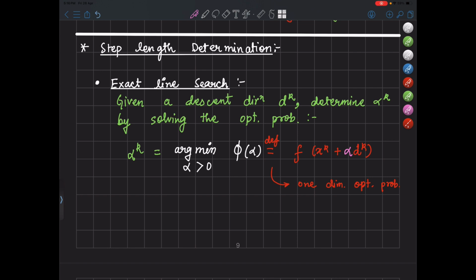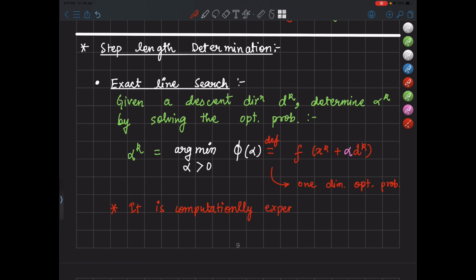The problem with this approach is it is computationally expensive. So basically you are running an additional optimization problem within a big optimization problem.